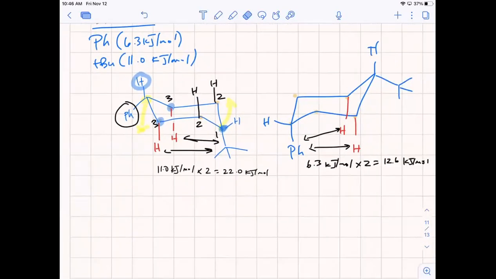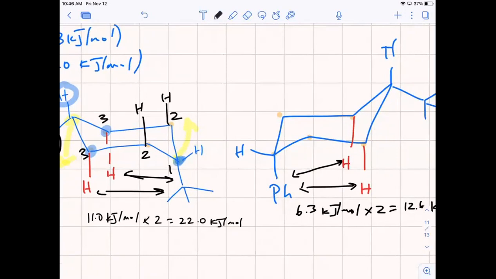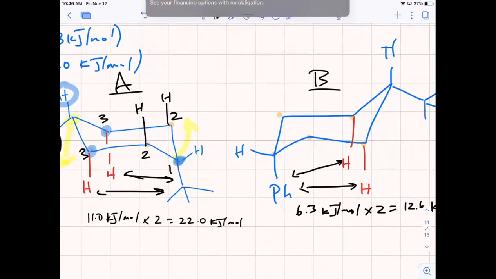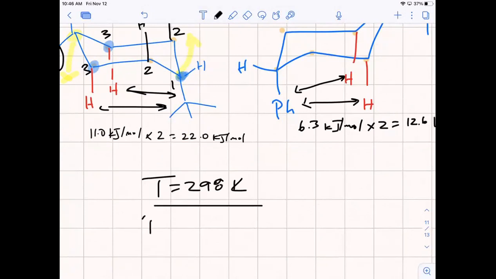We can actually figure out how much of, let's call this isomer B and call this A, how much of B is present, how much of A is present. And we're going to just stick to room temperature. So T is 298 Kelvin. R is the same. That doesn't change. It's a constant.